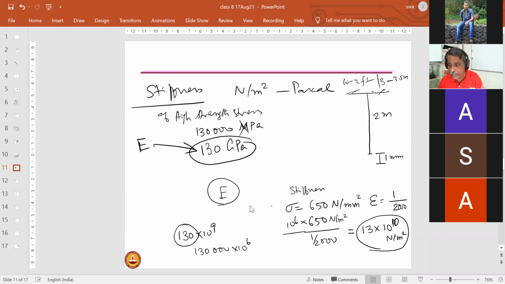By vulcanizing, I may probably improve it to 10 MPa. A maximum that you can go is very small. But remember the difference between 1 MPa and 250 gigapascals. Huge difference. I want you to get a feel for these numbers.